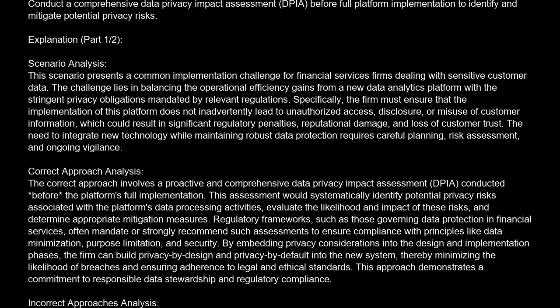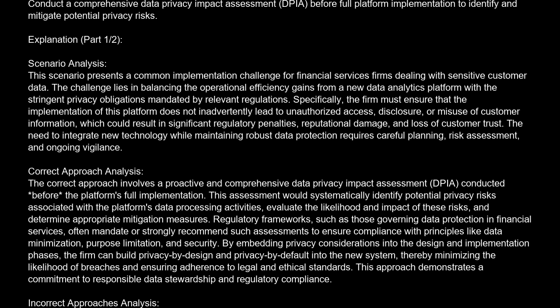Specifically, the firm must ensure that the implementation of this platform does not inadvertently lead to unauthorized access, disclosure, or misuse of customer information, which could result in significant regulatory penalties, reputational damage, and loss of customer trust. The need to integrate new technology while maintaining robust data protection requires careful planning, risk assessment, and ongoing vigilance. Correct approach analysis.